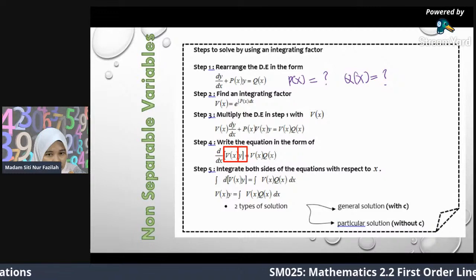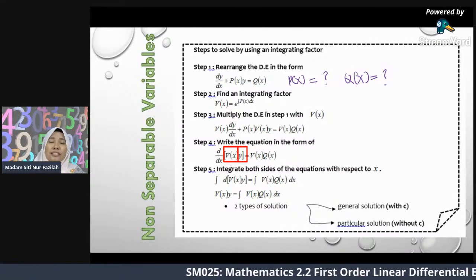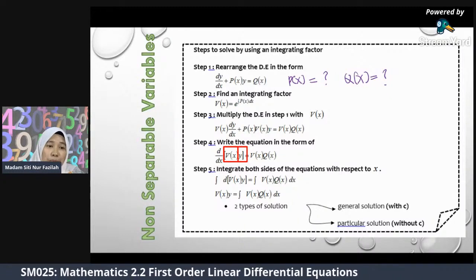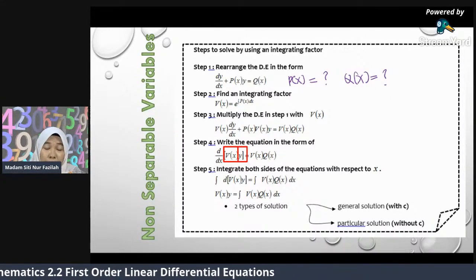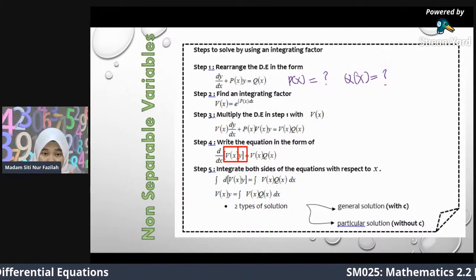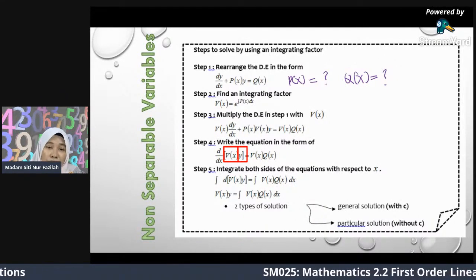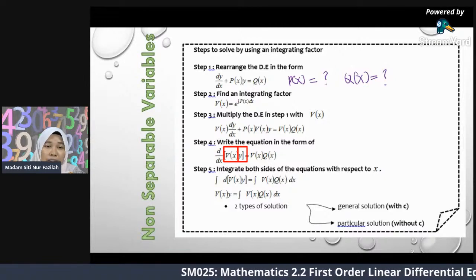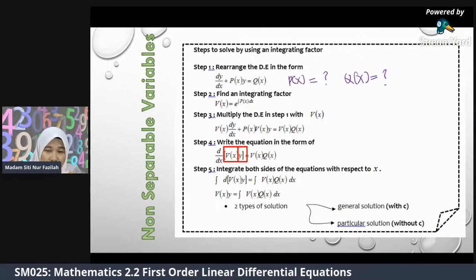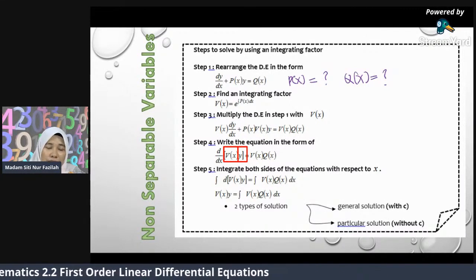After integration, we get a general solution. That means after integration, you must put plus C. And then if the question gives a condition, we substitute the values of x and y to get the value of C, and then substitute back into the general solution to find the particular solution.